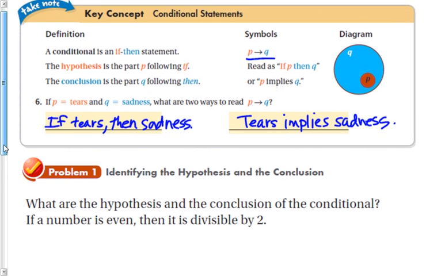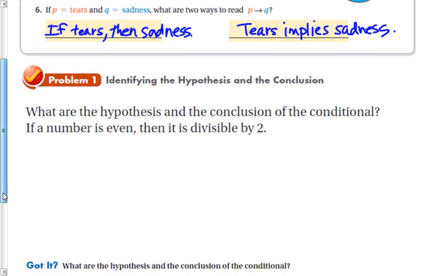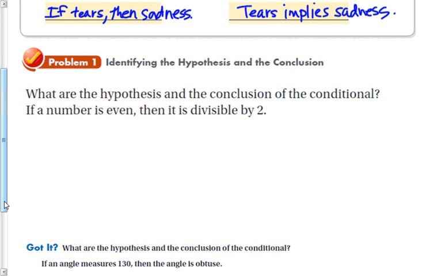Okay, so remember from the key concept that the hypothesis is the part that follows the if, and the conclusion is the part that follows the then. So a number is even is the hypothesis, and it is divisible by 2 is the conclusion.